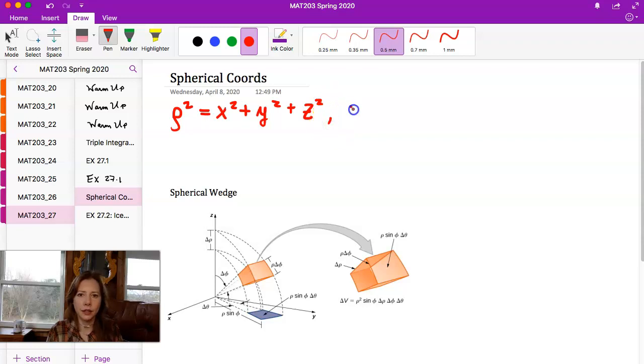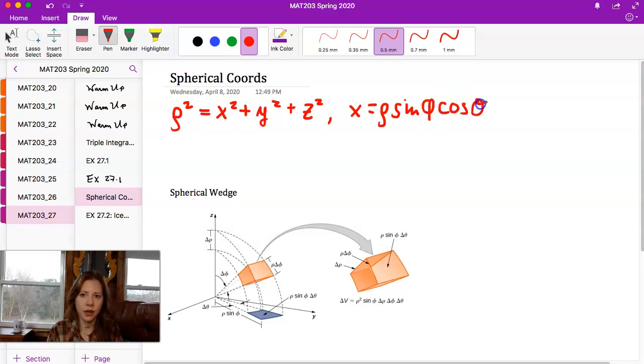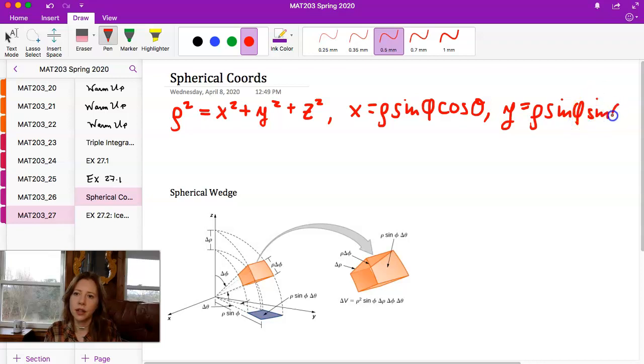And x is going to be rho sine phi cosine theta, and y is going to be rho sine phi sine theta, and z is going to be rho cosine phi. Okay, so here's the thing.